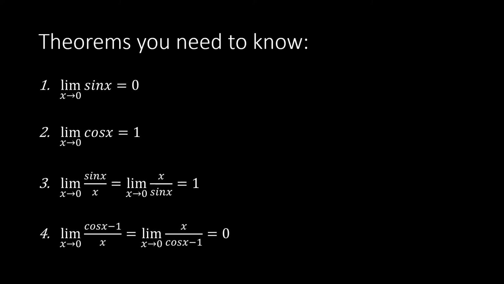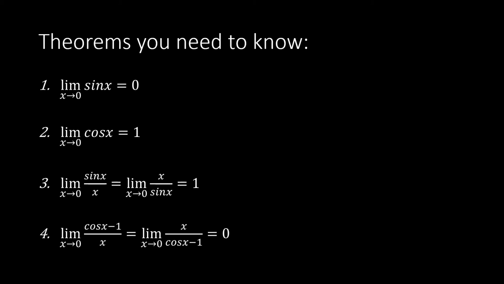The limit of sine x over x, and also the limit of x over sine x, equals 1. Then the limit of cos x minus 1 over x is 0. If you check number 3, if my angle is x, it must be divided by the same value.